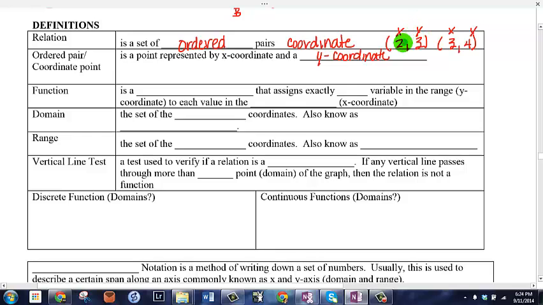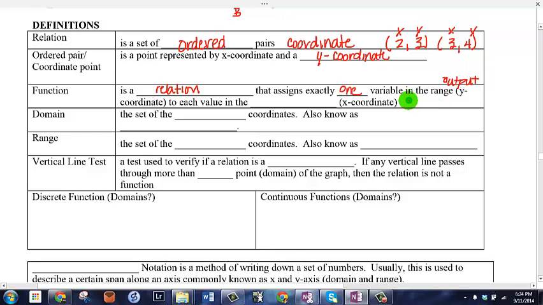Okay. So let's go ahead and get the official definition of a function. So a function is a relation that assigns exactly one variable in a range. Okay, range is our y coordinate, so this is kind of like our output. Not kind of, it is our output.